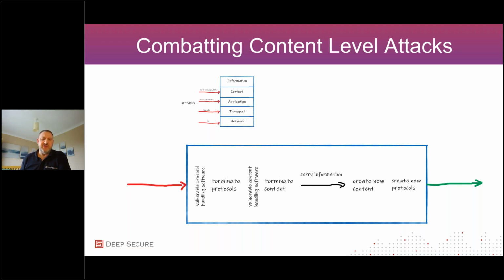So in the same way that at a higher level for the network attacks, we just extracted the content and passed that across, and then sent it on to the destination under controlled conditions, you can do the same with the information inside the content, and you pass the information again.